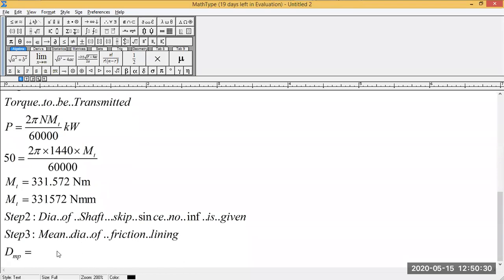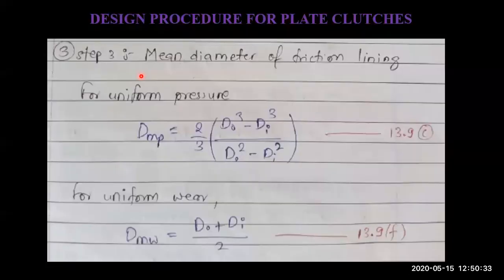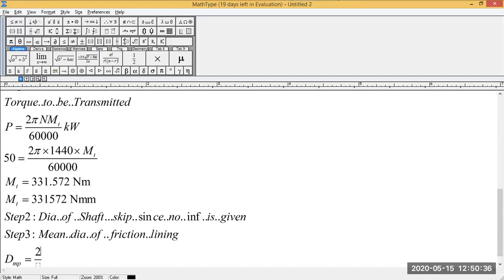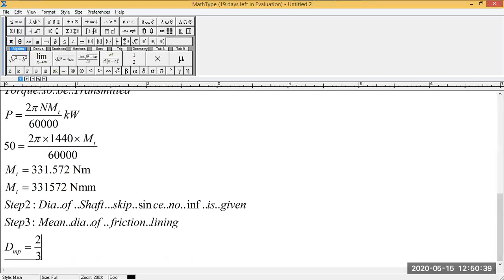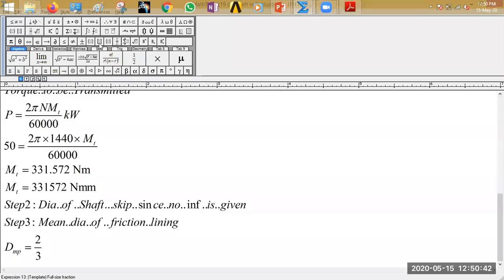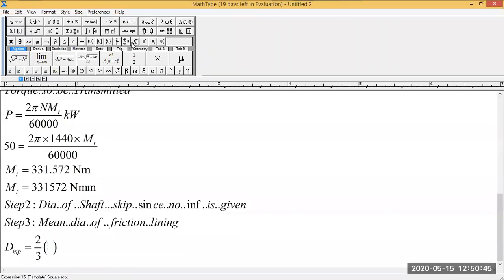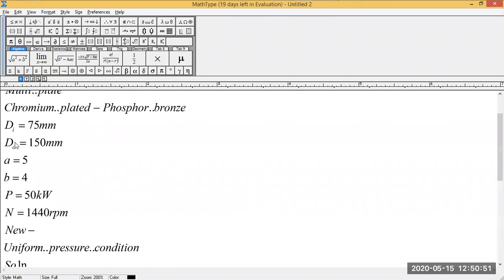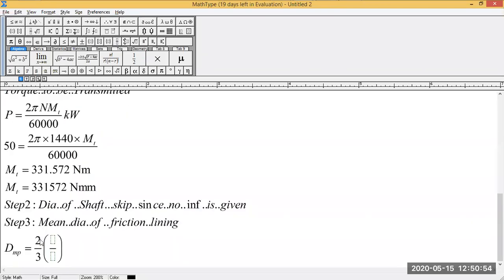Next, fraction 2 by 3 into another fraction: d naught cube minus d i cube over d naught square minus d i square.